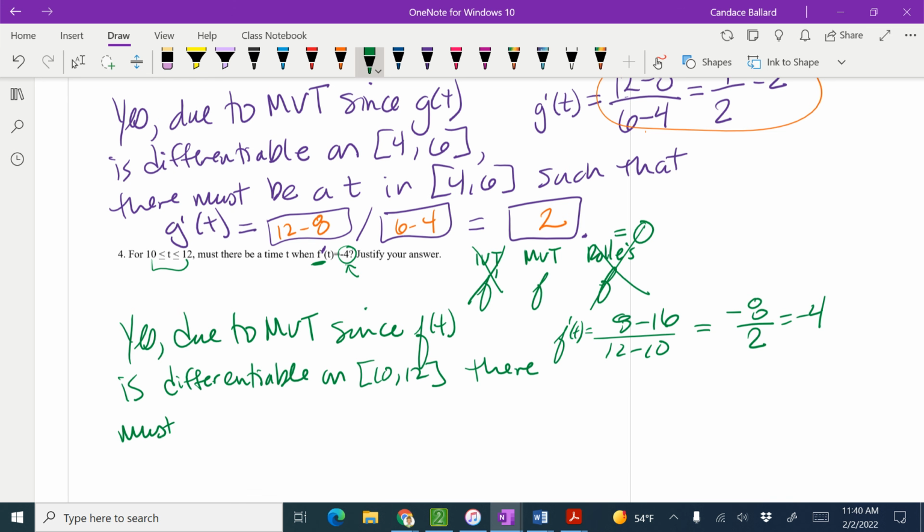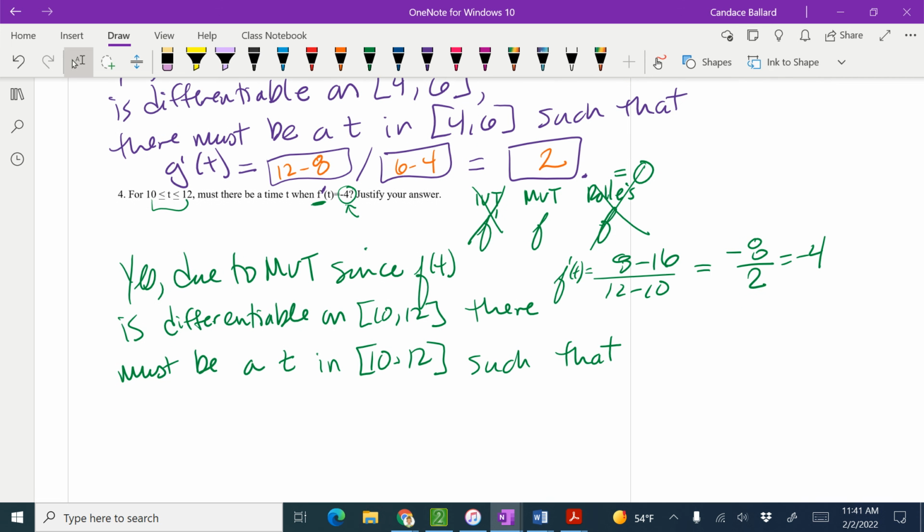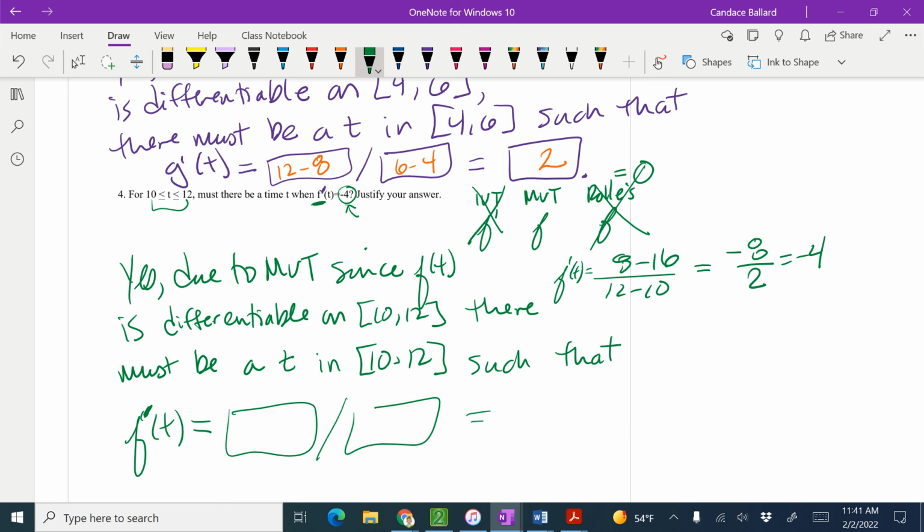There must be a T in the closed interval from 10 to 12 such that F prime of t, that's a prime, equals, and then again the box, the slash, the box, and an equals sign.